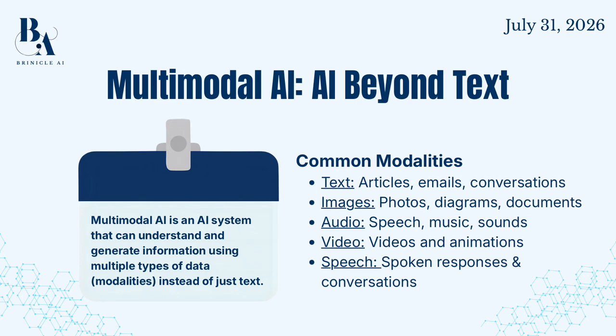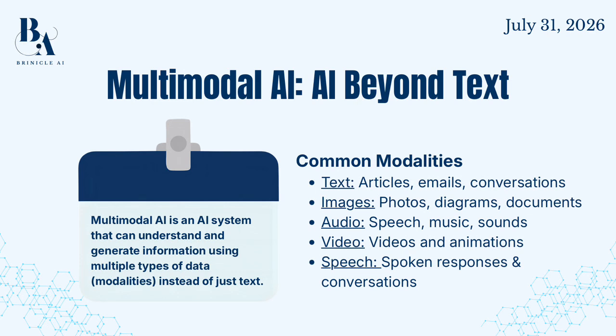That's the power of multimodal AI. This makes AI far more useful because in the real world, we rarely rely on just one type of information. We combine what we see, hear, read, and say to understand a situation. And multimodal AI is moving in that direction.